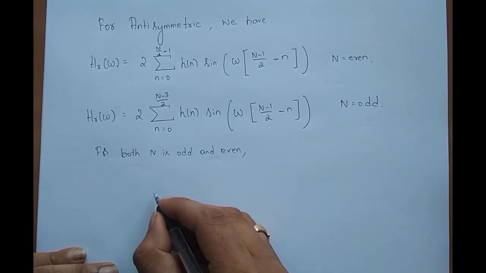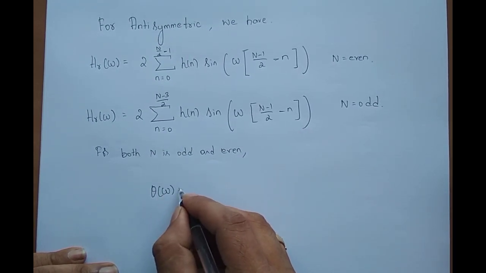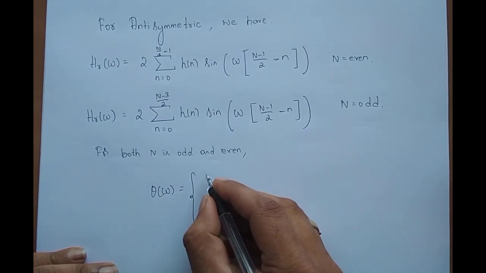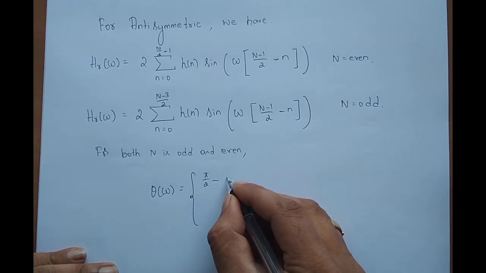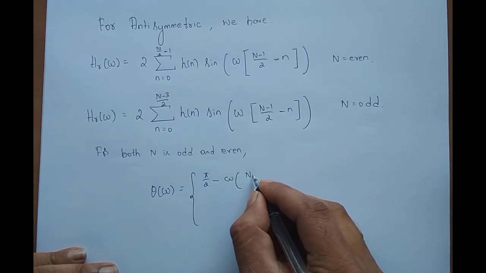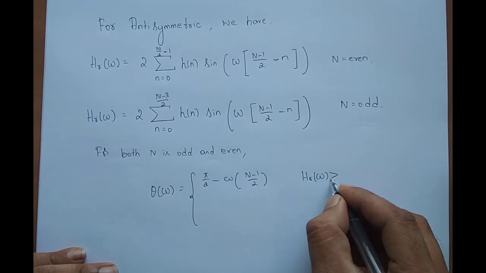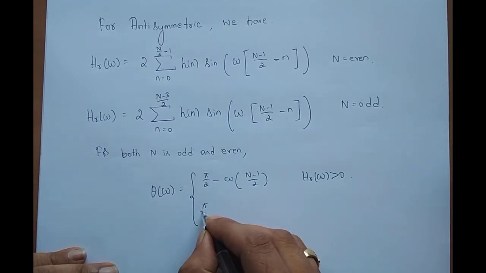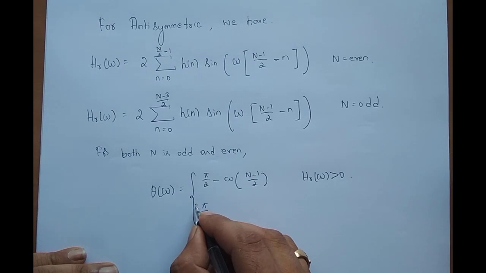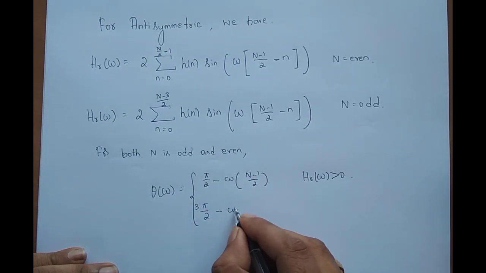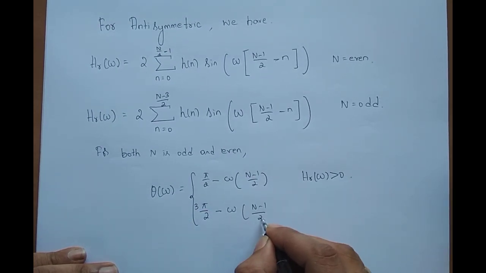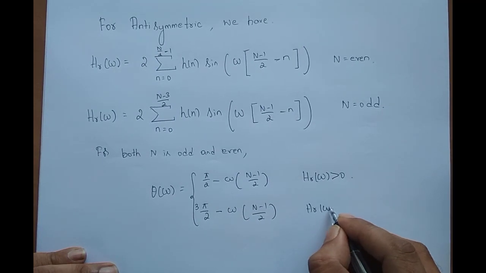Theta of omega will be the same for both N odd and even. Theta of omega is given by pi by 2 minus omega into (N minus 1)/2 for H_R of omega greater than 0, and 3 pi by 2 minus omega into (N minus 1)/2 for H_R of omega less than 0.